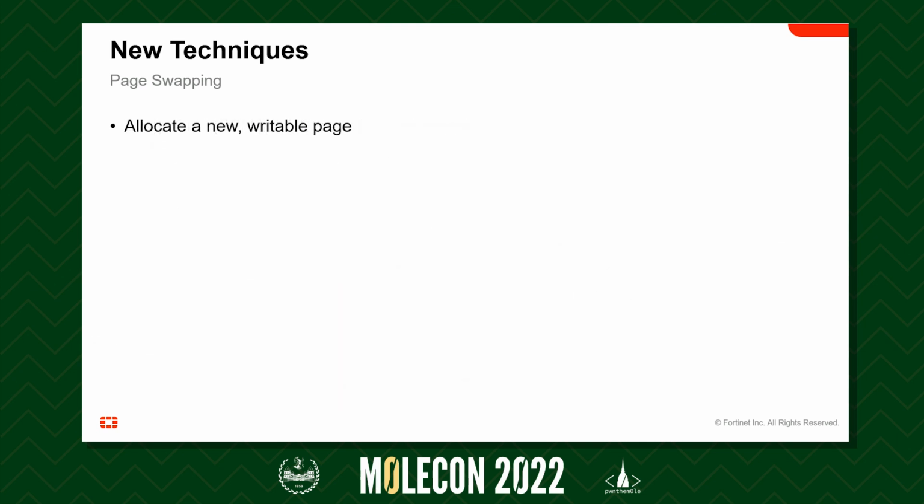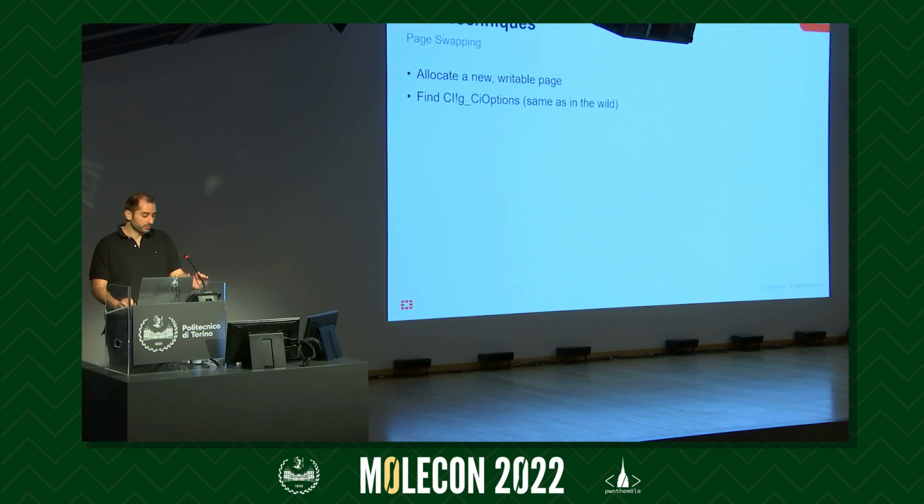So I'll just go over the steps quickly. We allocate the memory, which is writable. We need to find the CI options flag just as was done before. There's nothing new in that. In order to mess with the PTEs, we can do that using their virtual address.